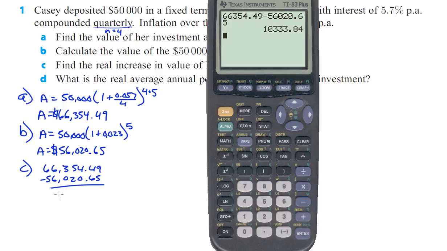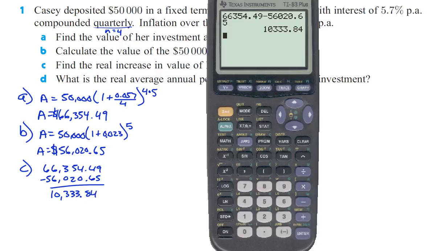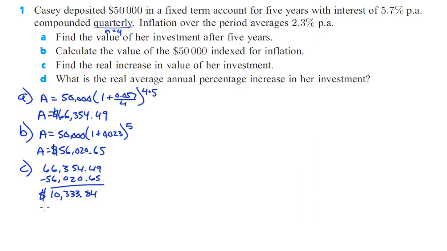We get that the actual increase is 10,333.84, right? So that's what she really gained if we take out the inflation part.